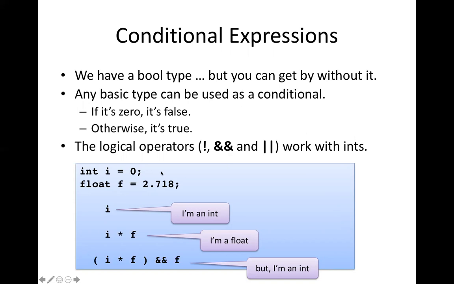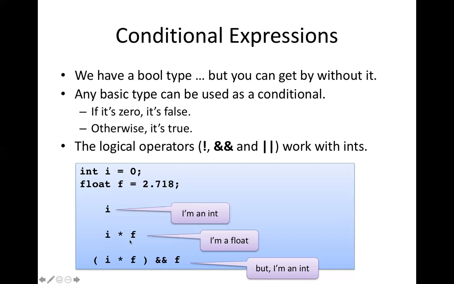So I made up some examples here. I made an int and a float. If you just wrote down i, the integer variable, its type would be int. If you multiplied it by a float, we just covered that, it's going to promote the int to a float so it can do this multiply. So the result of this is going to be a float.